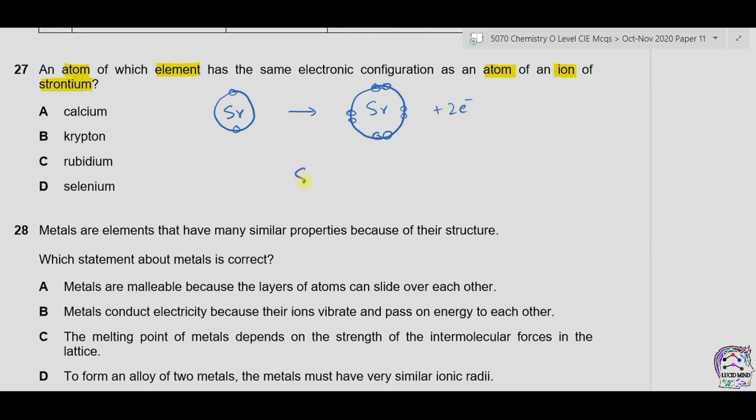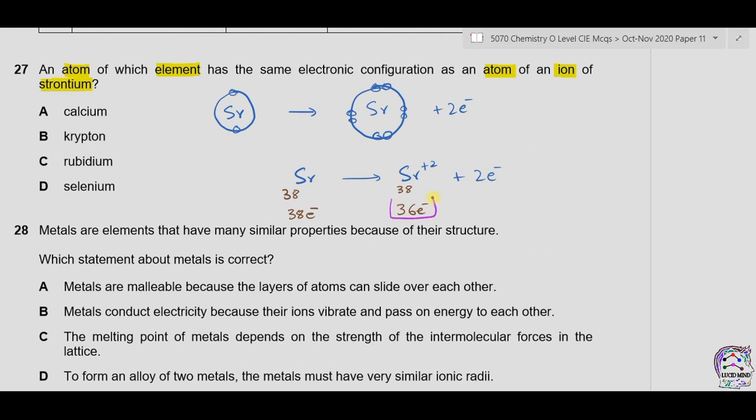So we can write that strontium metal converts into strontium plus 2 and loses 2 electrons in the process. The atomic number of strontium is 38, so there are 38 electrons in the neutral atom, but the charge is plus 2, so therefore there are 36 electrons in strontium plus 2.